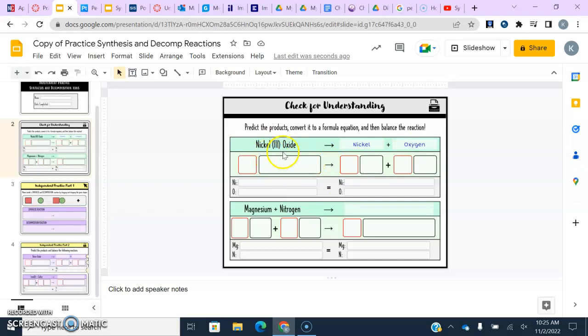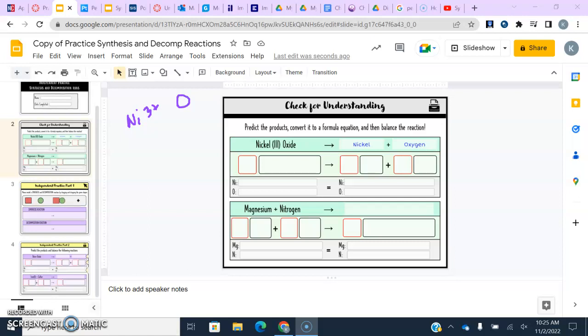Okay, so first off, we have our nickel 3 oxide. So we know that our nickel is going to be Ni. Let me go ahead and annotate this really quickly. So we know we're going to have Ni, and we know the charge of the nickel is going to be 3 plus. And then we have oxide here, which is just oxygen.